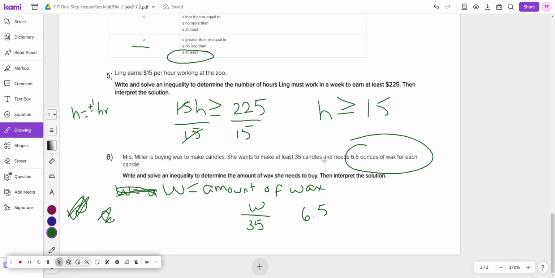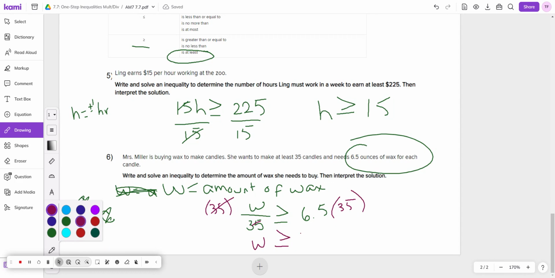It says at least 35 candles, and at least means greater than or equal to. So my strategy is to multiply both sides by 35. The 35's cancel out, leaving me with W is greater than or equal to... now I'm going to grab my calculator, 6.5 times 35.